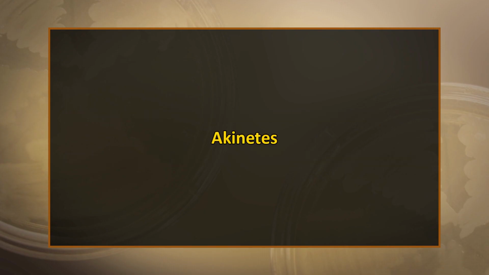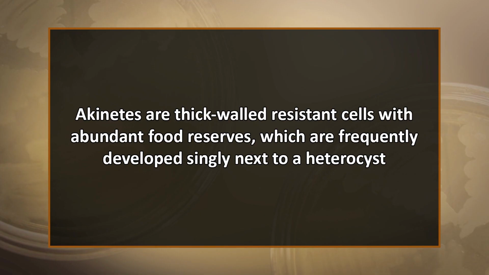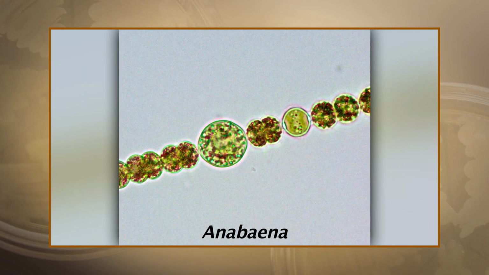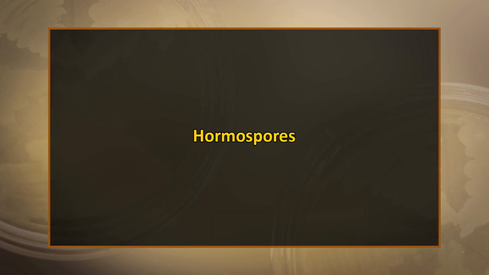Number 9, akinetes. These are formed in many cyanobacteria. Akinetes are thick-walled, resistant cells with abundant food reserves which are frequently developed singly next to heterocyst. However, their position is variable, for example, Anabaena. Number 10, hormospores.